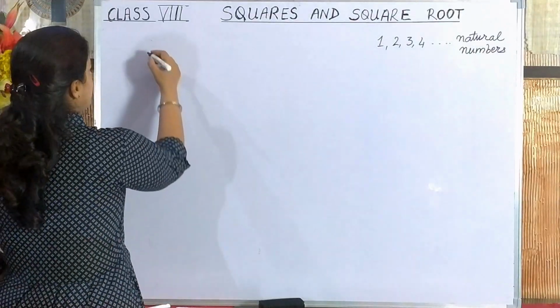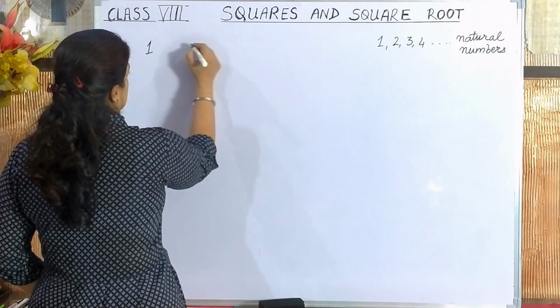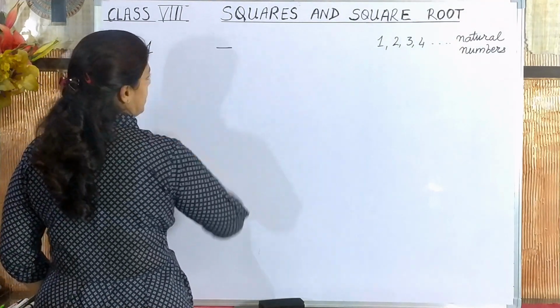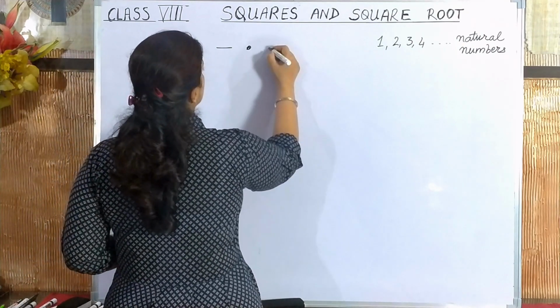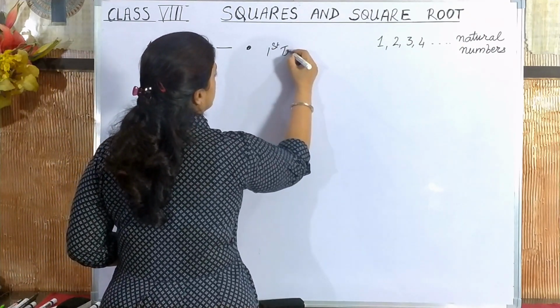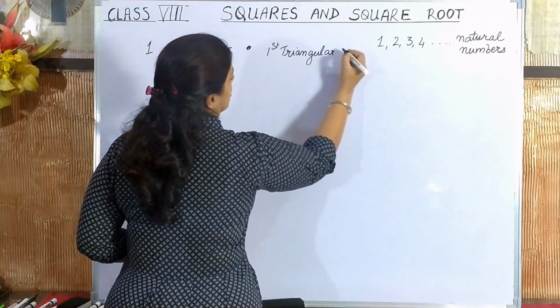Now the first triangular number is the first natural number itself, 1. So 1 is the first number and it can be represented as 1 dot. This is the first triangular number.